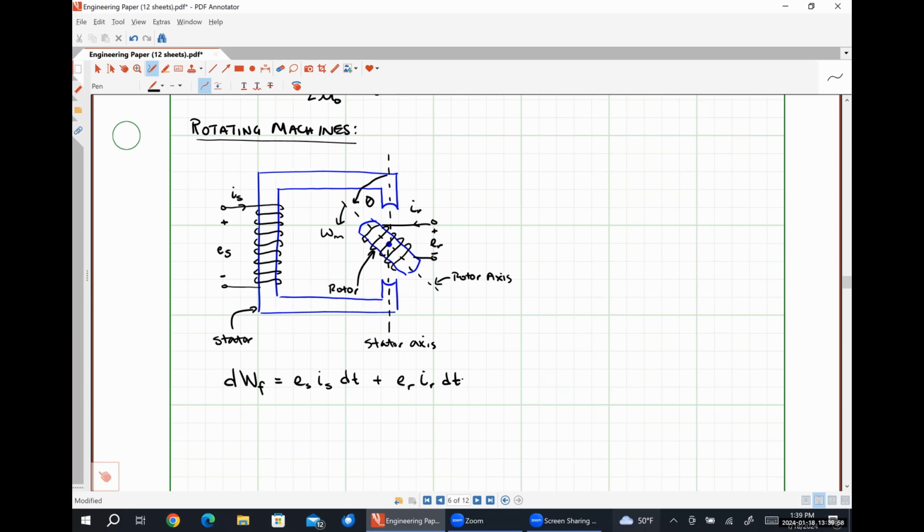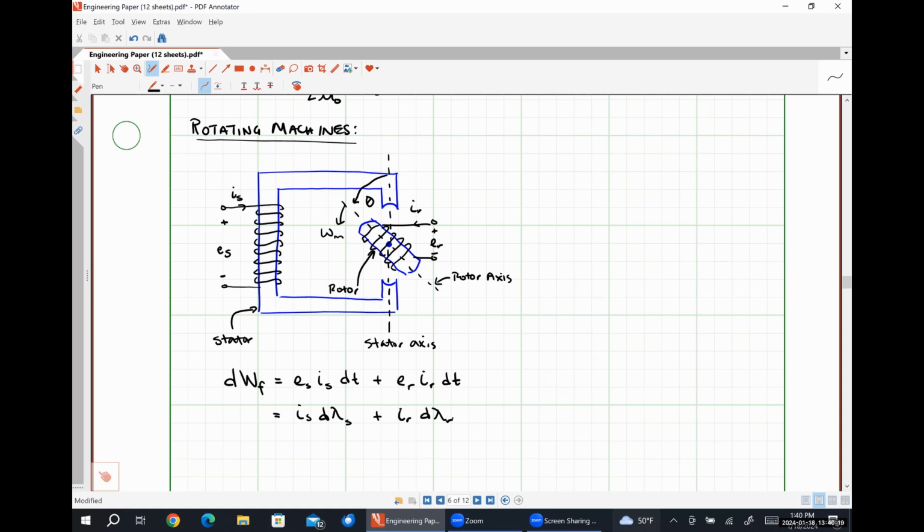And because we know that the voltage is related to the flux linkage, we can express this in the same form that we did earlier. So this will be IS times d flux linkage S plus IR times d flux linkage of the rotor.